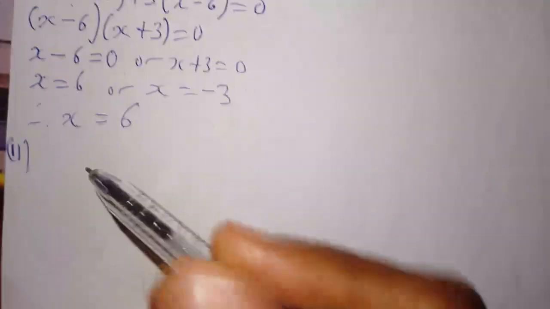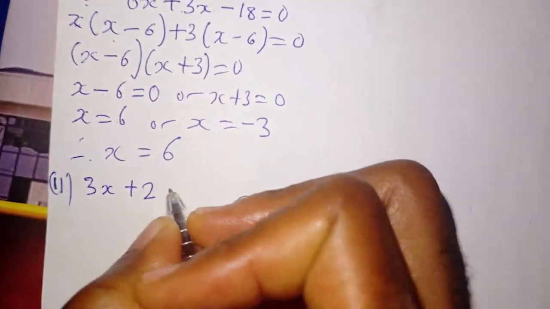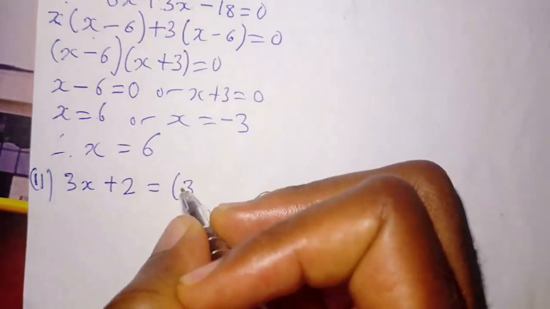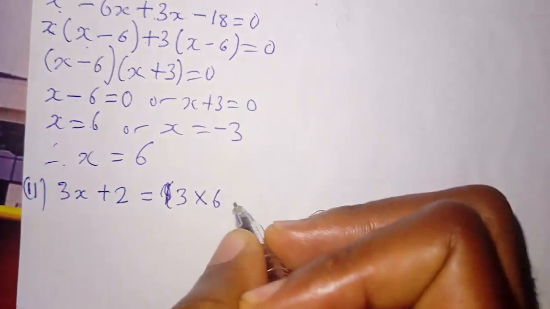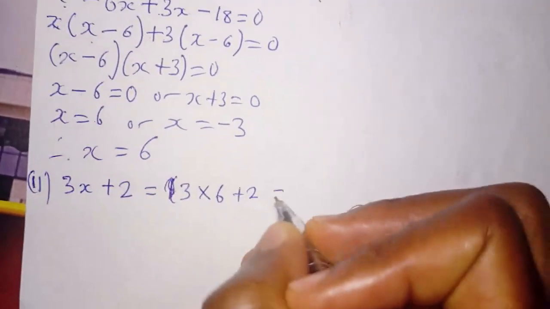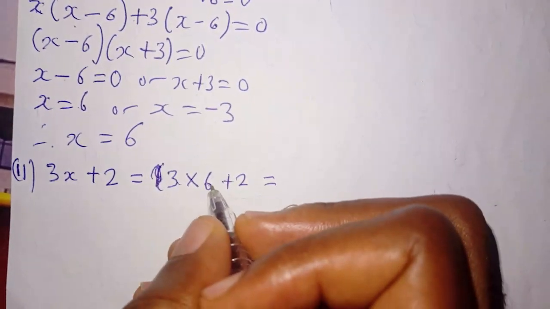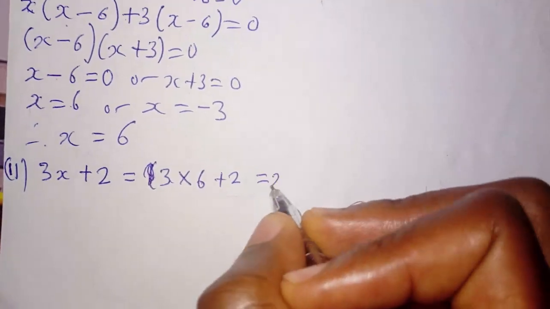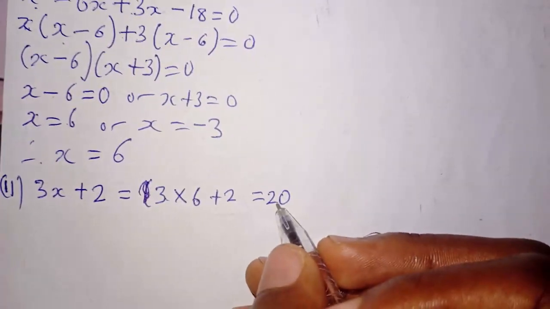Now that our x is 6, the first score, 3x plus 2, is basically 3 times x, which is 6, then plus 2. And this is going to be 3 times 6. I hope you can still remember your basic maths. That's 18, then plus 2, that's going to give us 20. So 3x plus 2 is basically 20.